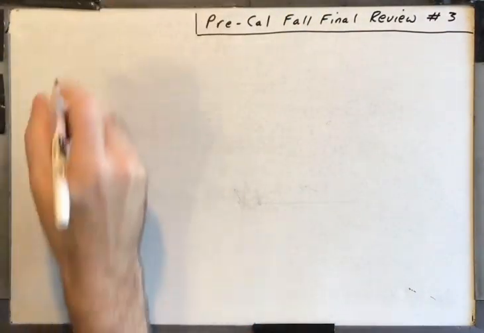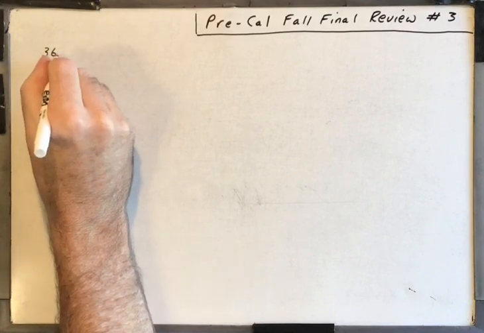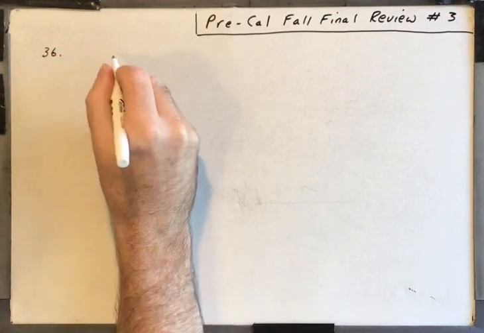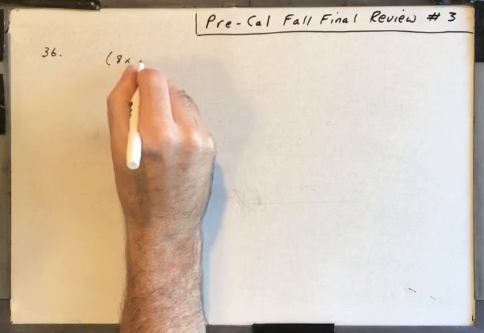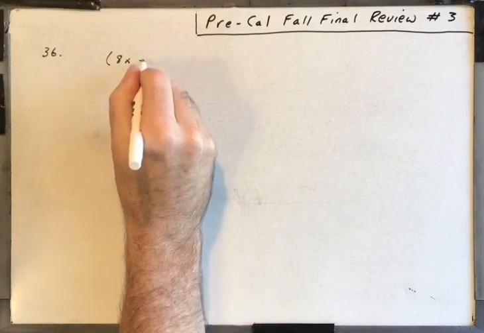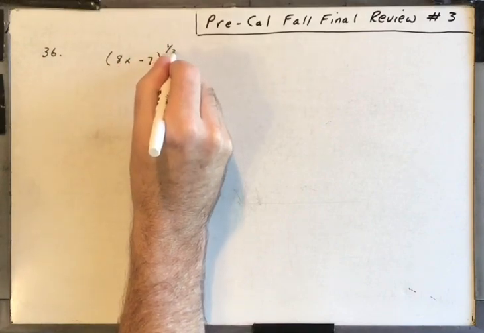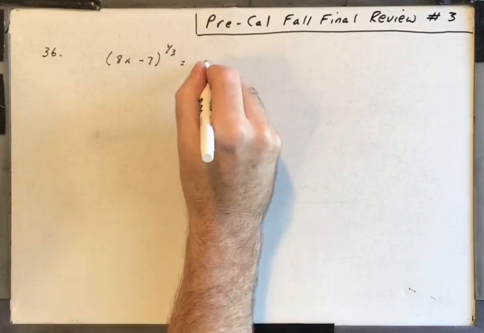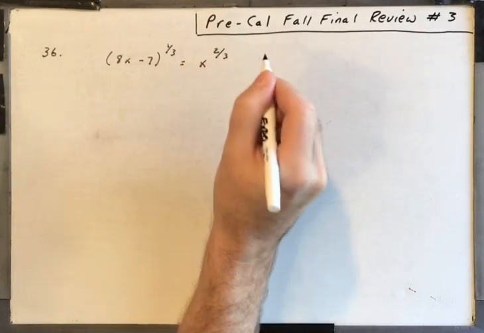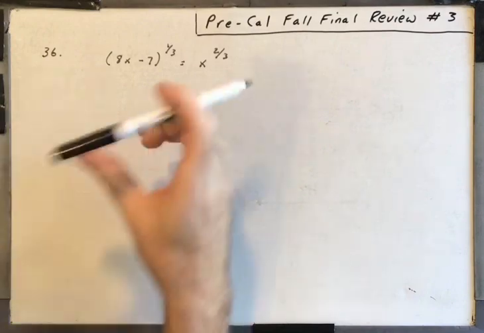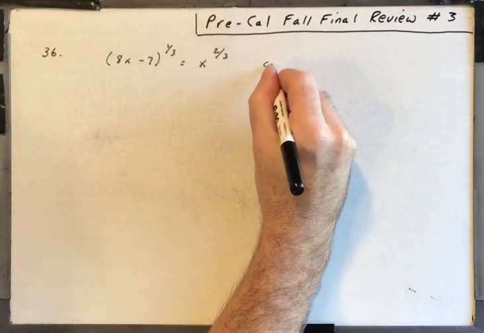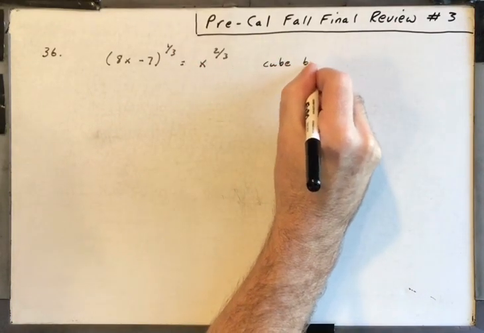Let's try 36. So we want to solve for x. We've got 8x minus 7 to the 1/3 is equal to x to the 2/3. Now we want to get rid of these fractional exponents, and what we can do is cube both sides.